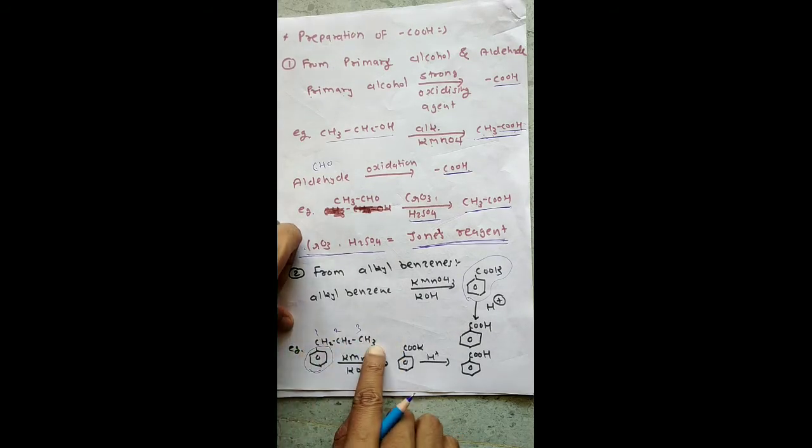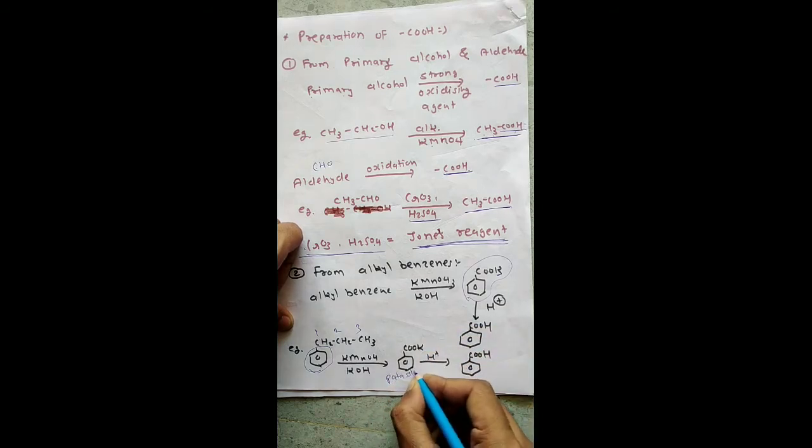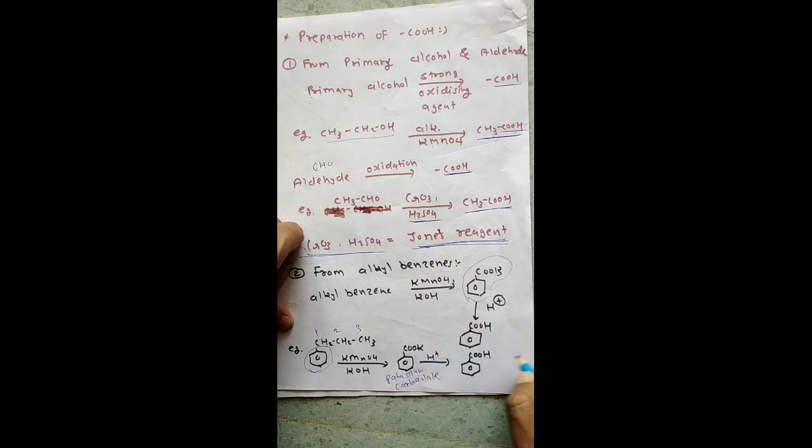Whichever part is there as the carbon chain, write down this product only. On the benzene ring we have COOK, potassium carboxylate. Then acidify that salt, so add acid in it. What will happen here? Instead of K you will have to write just H, so we will get benzoic acid as the product.